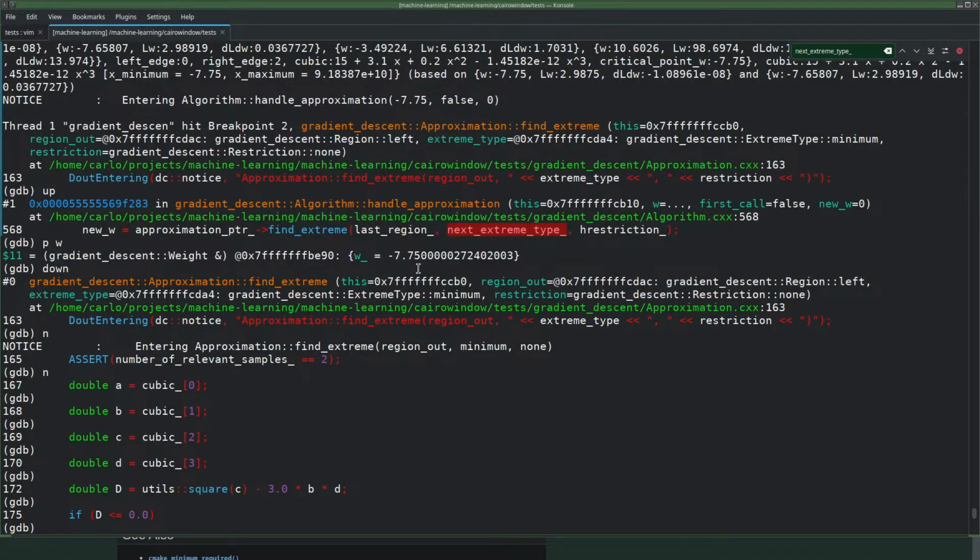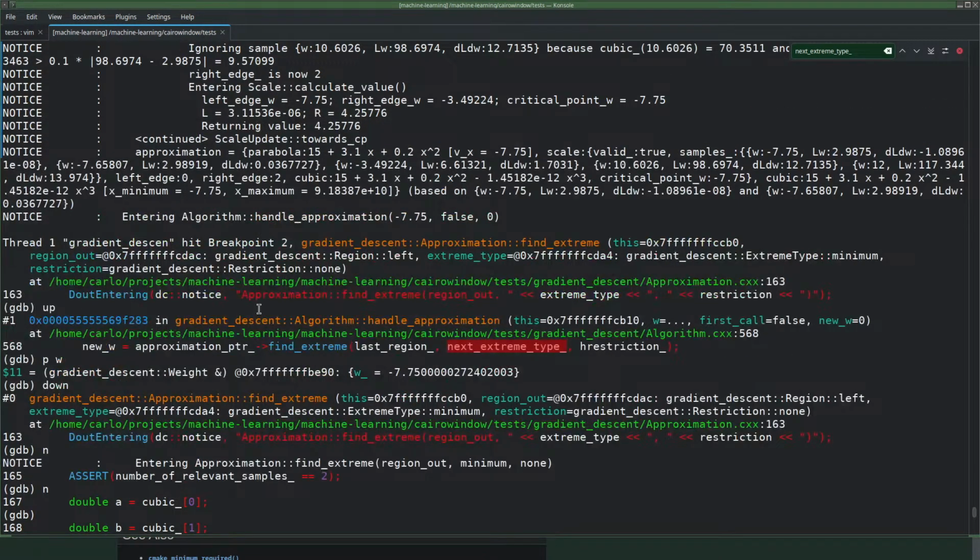Here's the handle approximation. Yeah, there it is. Angle approximation minus 7.75. But it did not toggle the minimum yet. Minimum to a maximum apparently.